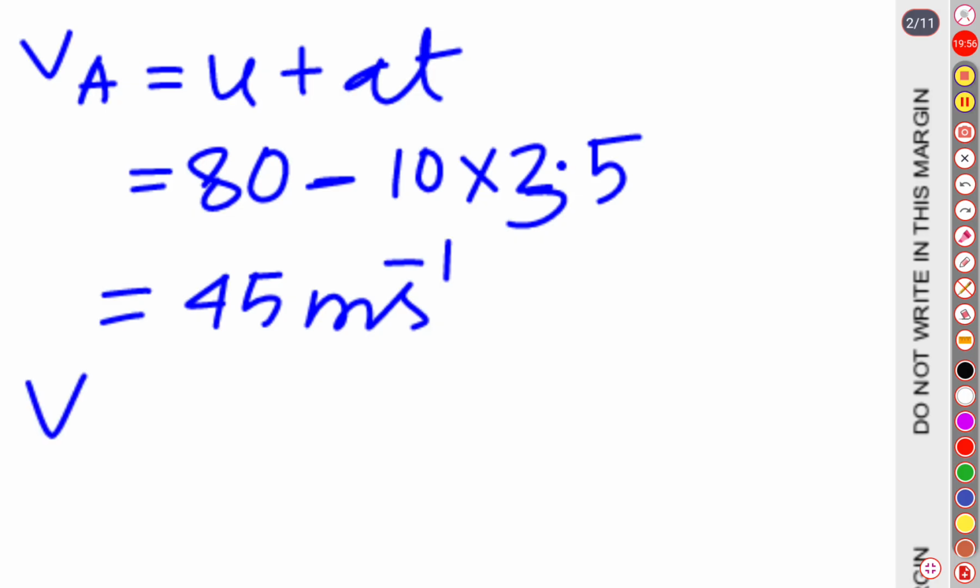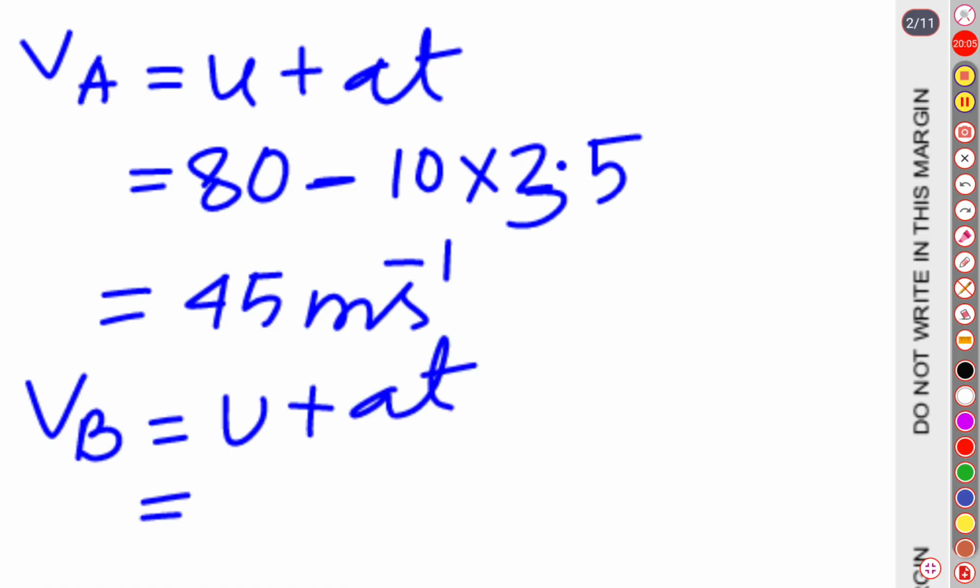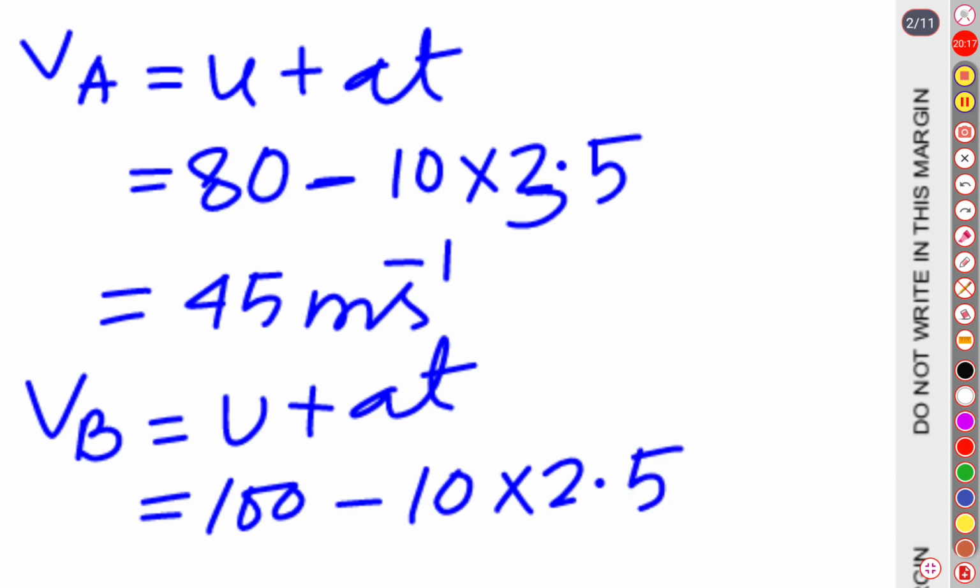Now the velocity of particle B just before colliding. The same concept, u plus at, and the initial velocity of B was 100 meters per second, the acceleration due to gravity is negative 10, and the time taken by particle B was 1 second less. It was 2.5 seconds. So 100 minus 25 means 75.